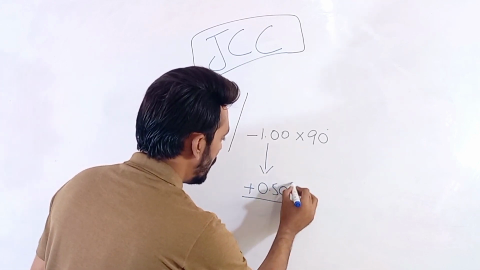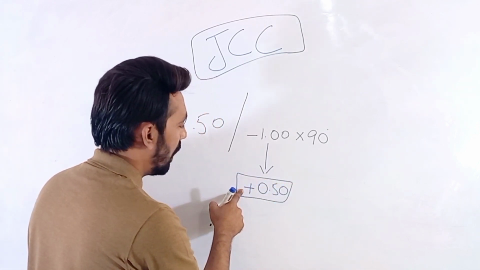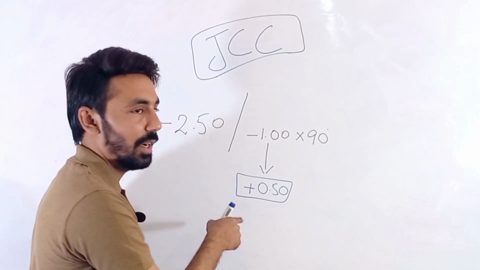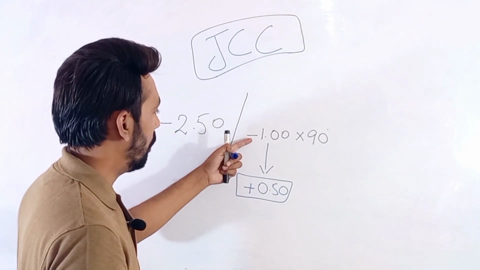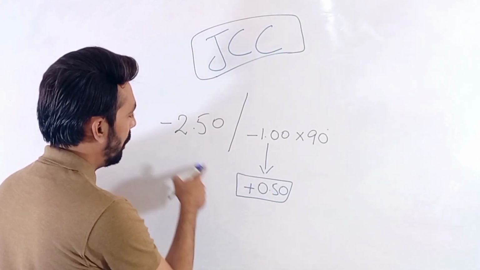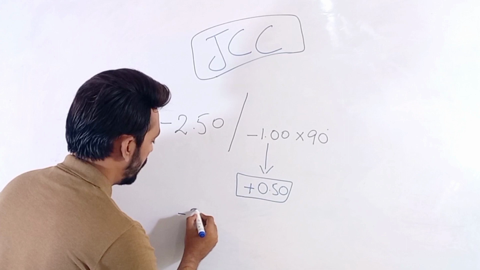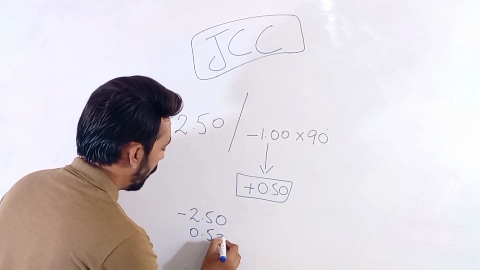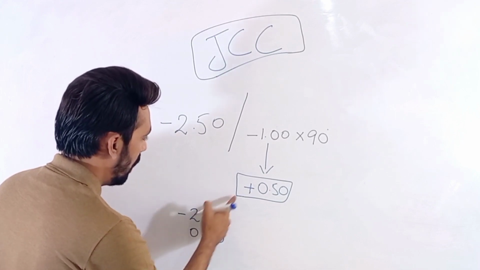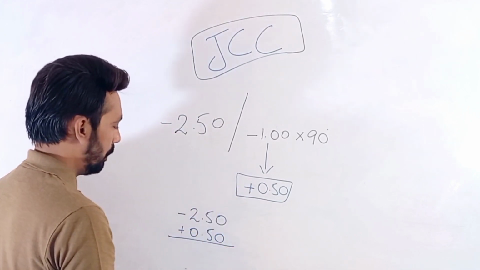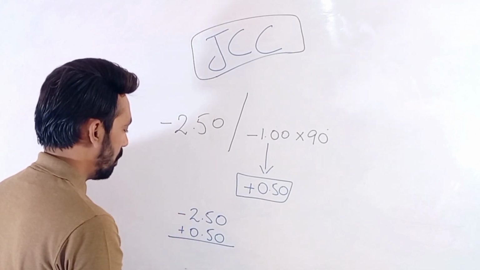So I have changed the sign of the half of the cylinder, which is plus right now, while in the real it was minus. Now we will add this half of the cylinder to the spherical correction. Our spherical correction is 2.5, and half of our real cylinder is 0.50 with opposite sign.